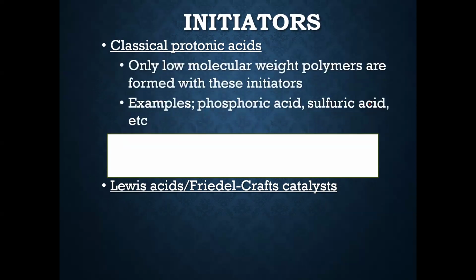The classical protonic acid should be used for low molecular weight polymers, like phosphoric acid and sulfuric acid and all of the classical protonic acids. So this initiator is used when we need low molecular weight polymers.